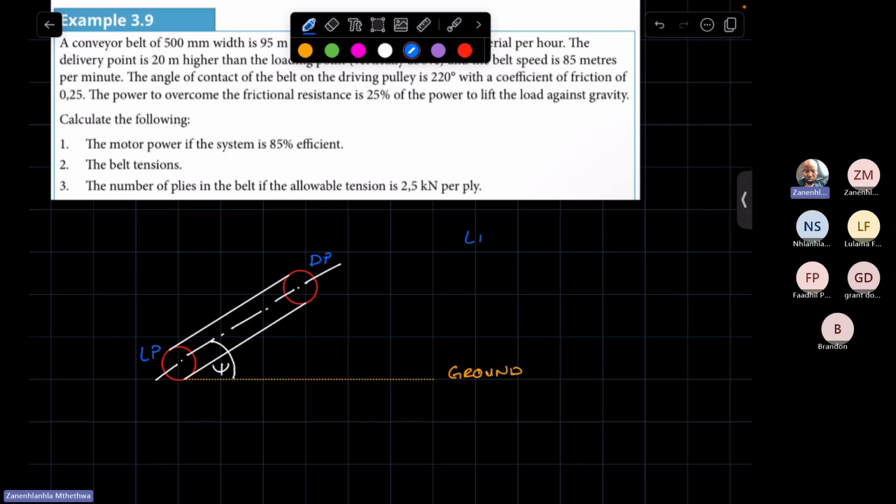So LP is loading point, and DP is delivery point.